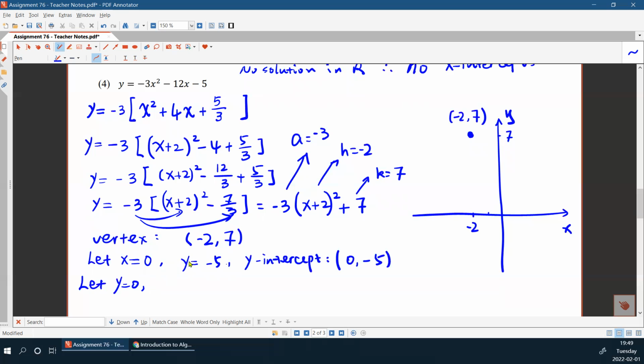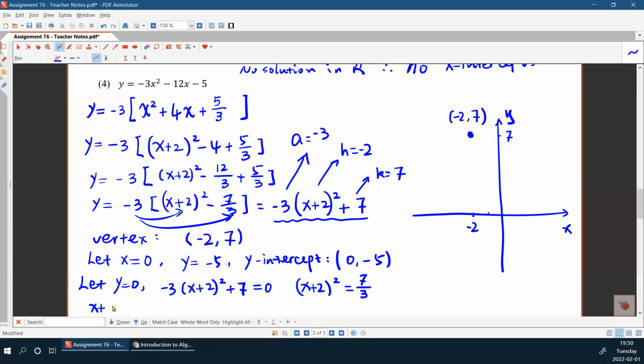So if y is 0, remember that it's better to put it in the vertex form to find the value of x's, right? So that means negative 3 times (x plus 2) squared plus 7 equals 0. That means (x plus 2) squared equals 7/3, right?